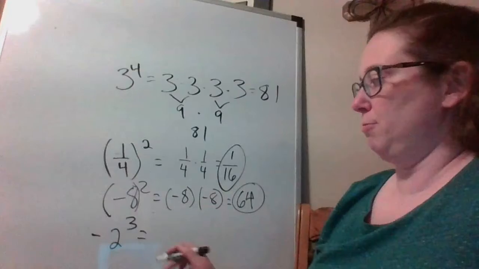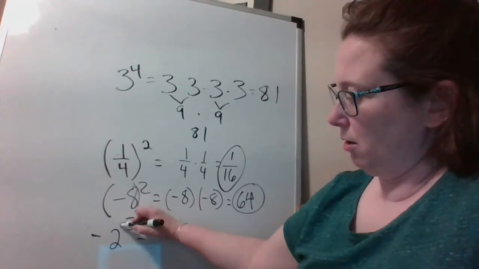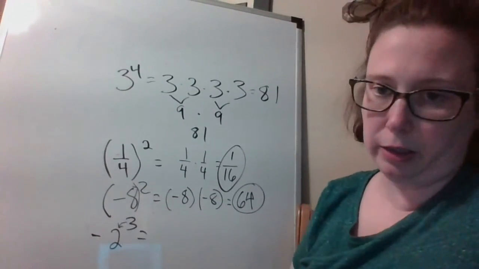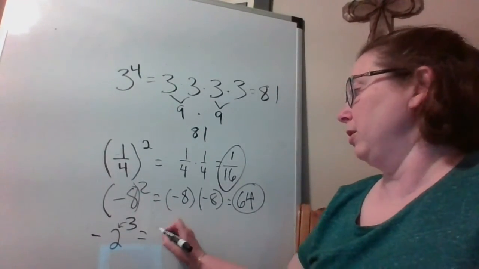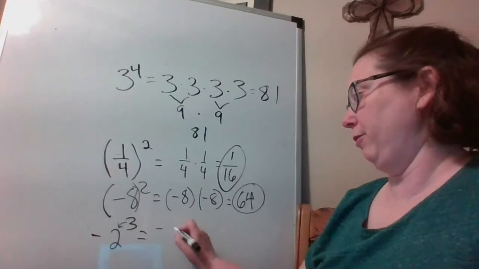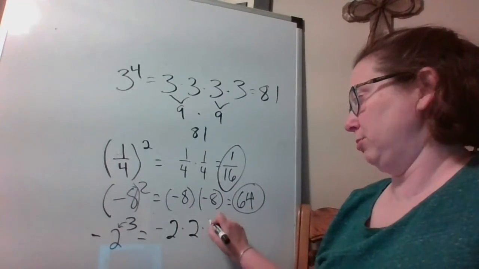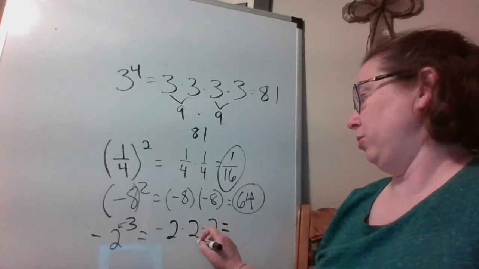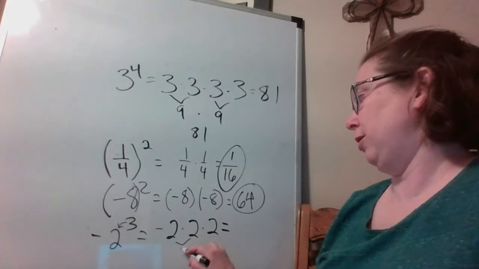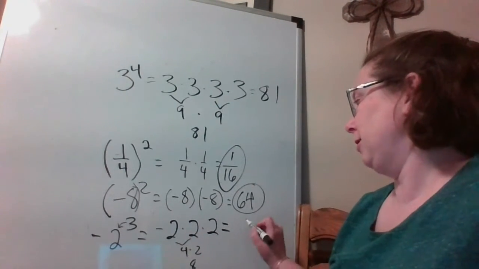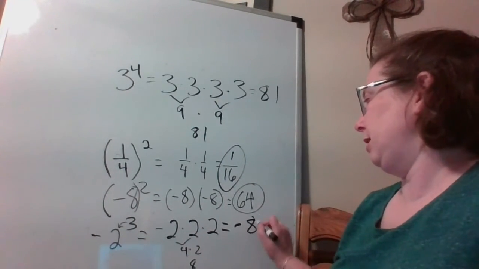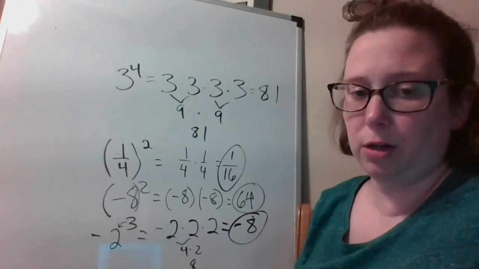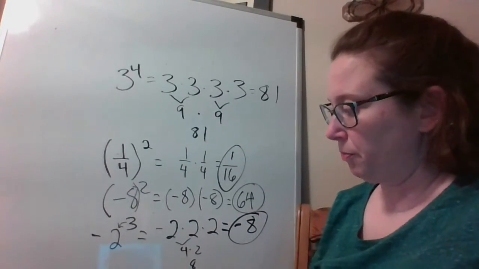So remember that that means our exponent only goes to what's directly to the left of it, which is that 2. So we have the negative that's floating out in front, and then 2 times 2 times 2, which would be, let's see, 4 times 2 is 8. So we would have -8 as our standard form answer.